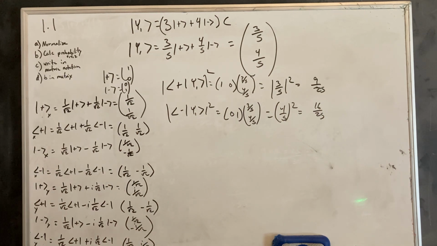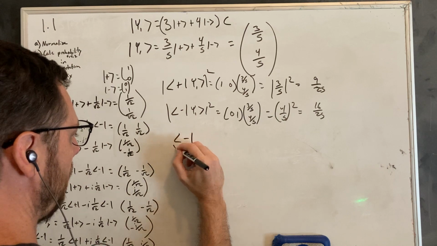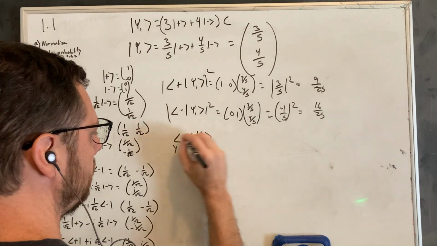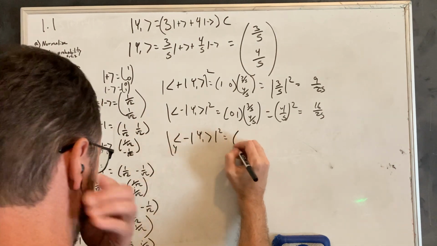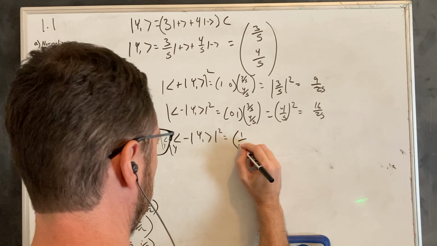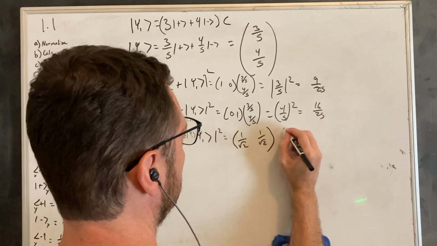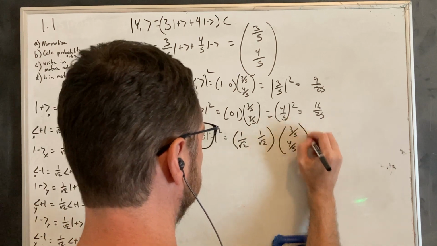And then maybe just pick one from down here. Maybe I'll just pick the last one right here. So we have this 1 over root 2, i over root 2. So if we were to do down in the y direction and square it, that would be 1 over root 2, i over root 2, 3/5, 4/5.